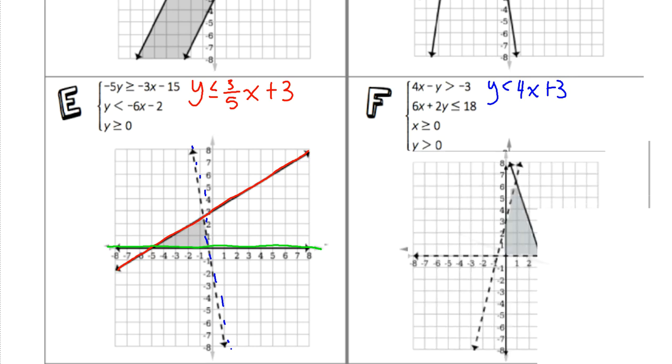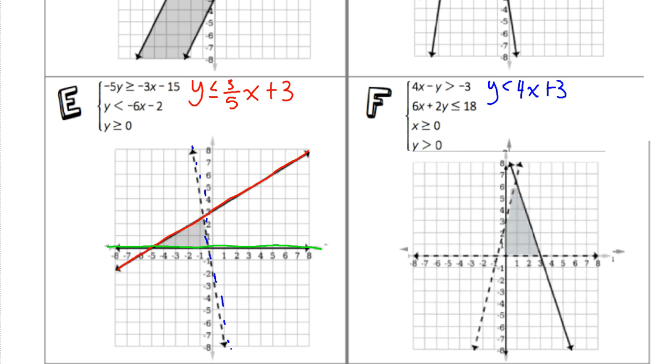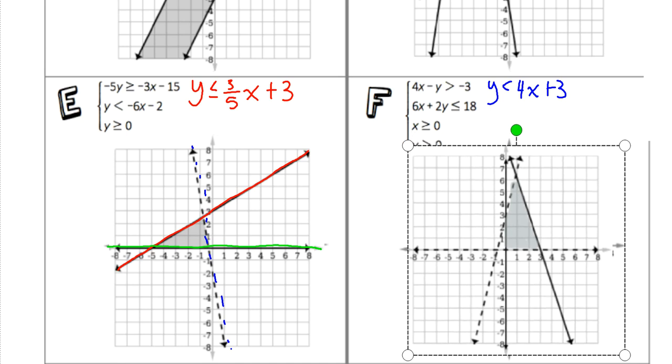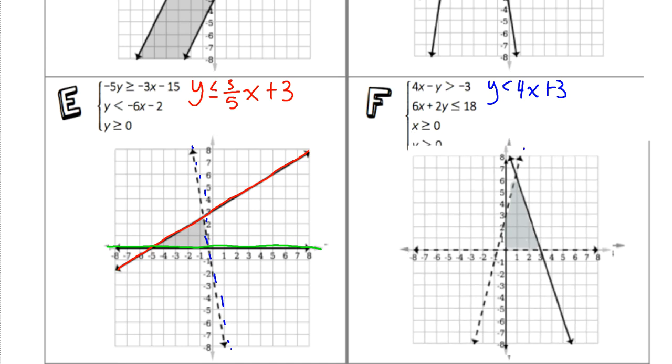So again, I'm going to show you the graph and then we can kind of identify things. So y is less than 4x plus 3. That's this dashed line. There it is. And it's less than it, just less than, so it's dashed.